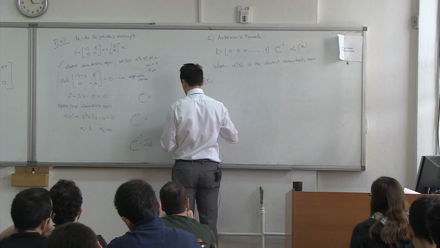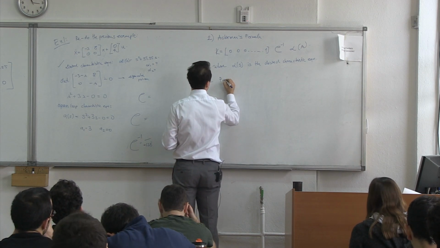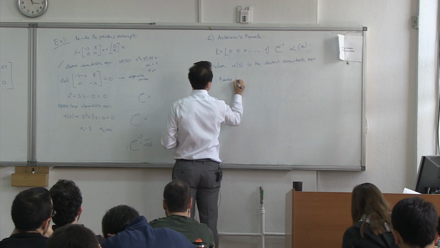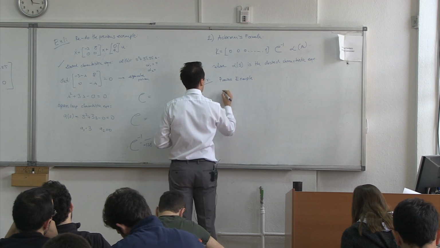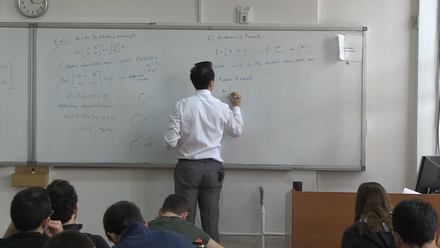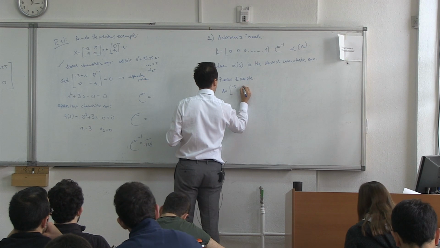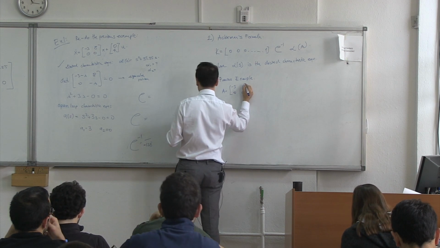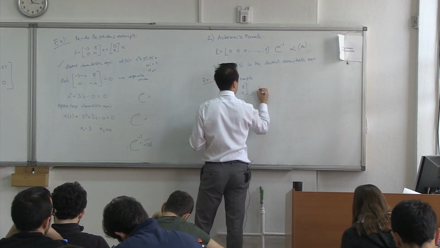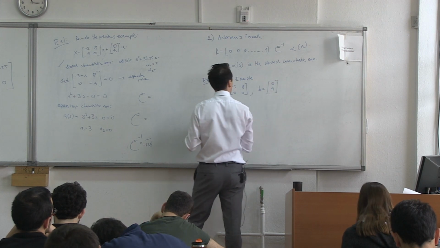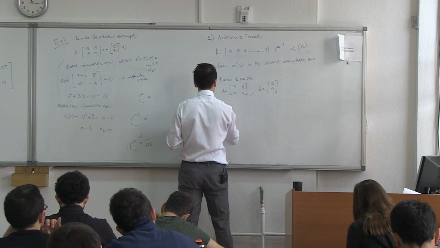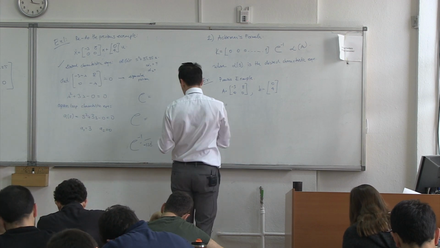Example. Again, the previous example. A is equal to [-3, 8; 0, 0], B is equal to [0; 4], okay? And alpha of S was what?